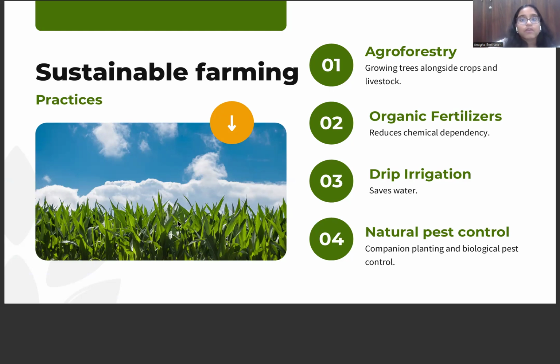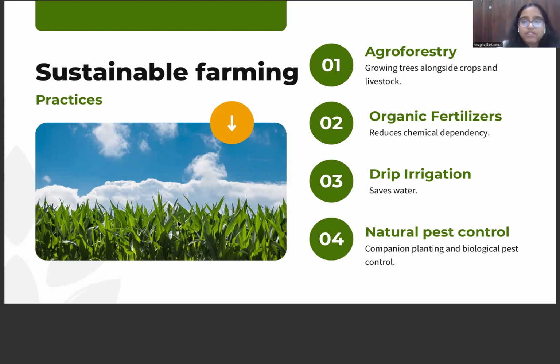And then we have organic fertilizers. As we all know, pesticides and chemicals are not good for crops. So using organic fertilizers such as cow dung, poultry manure, we're supposed to reduce the amount of chemical dependency on our farm. Then we have drip irrigation and rainwater harvesting, which basically saves water.